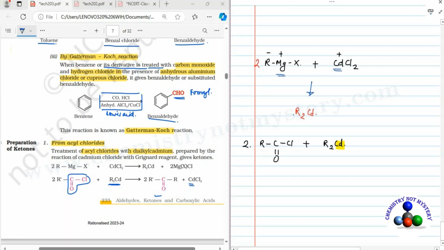So this Cd takes the Cl away in the form of CdCl2. CdCl2 will be removed from the molecule and here you will get R, C double bond O and R. So this is ketone. Here you will get two molecules of ketone.